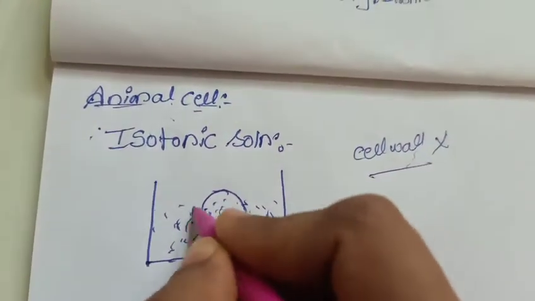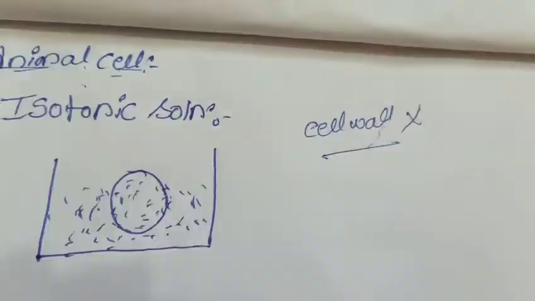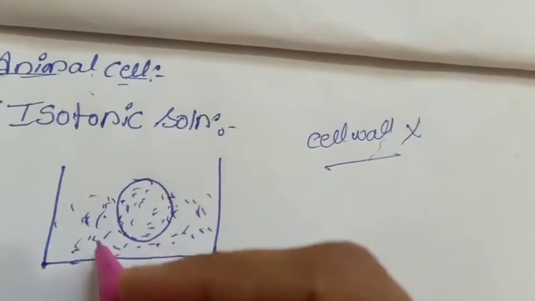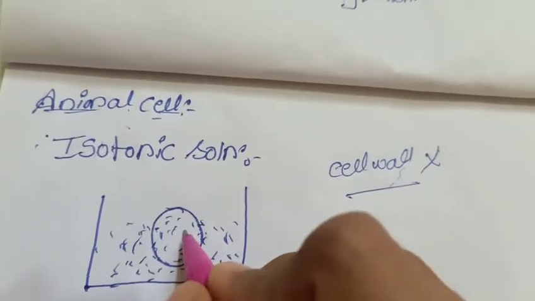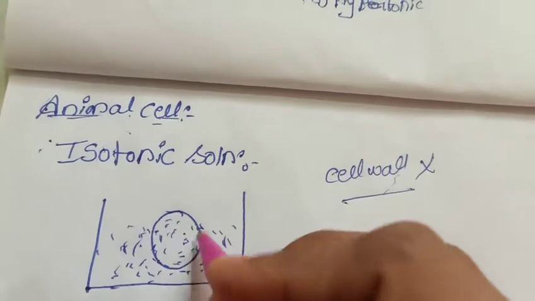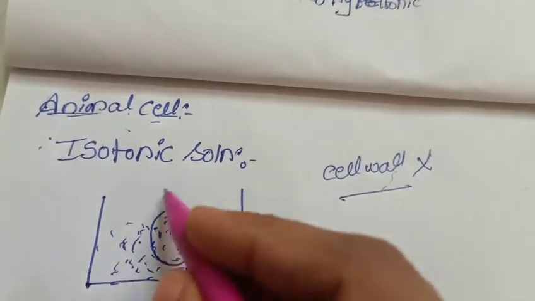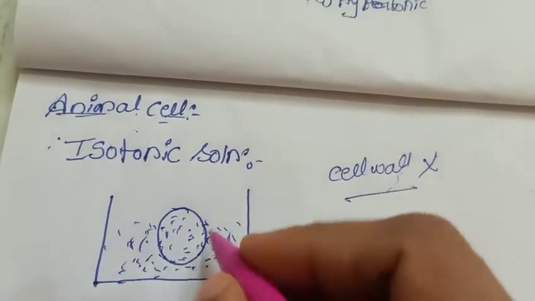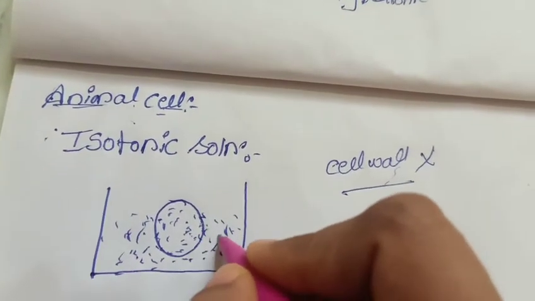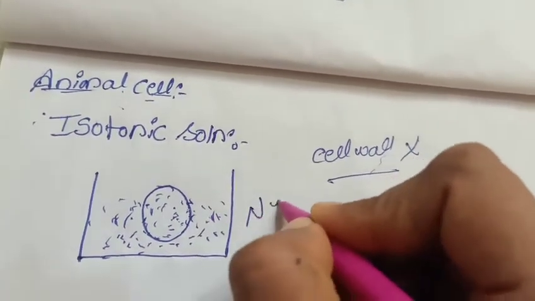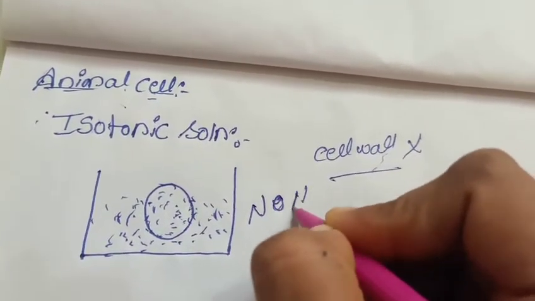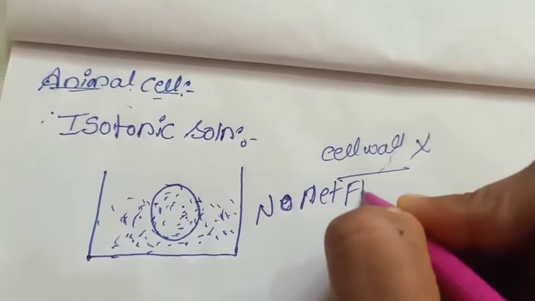In isotonic, the concentration of the material inside the cell and outside the cell will be the same, and there is no net flow. Why?